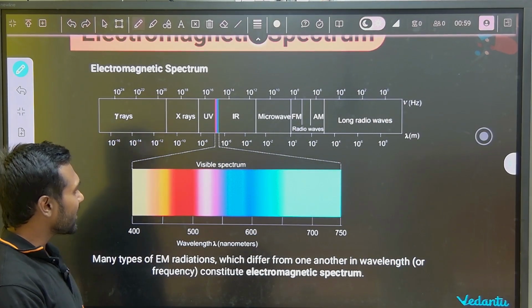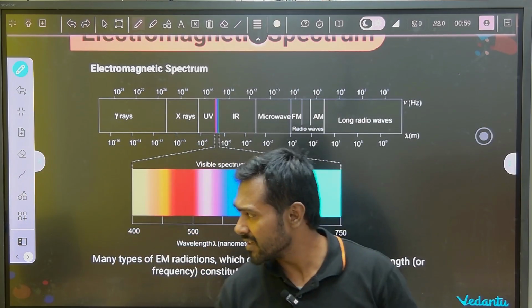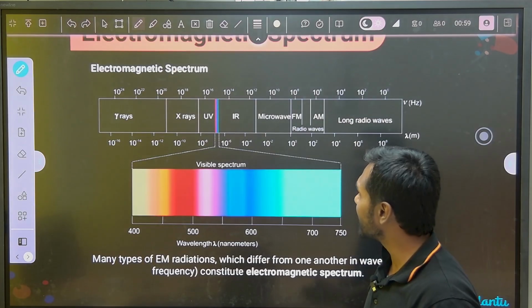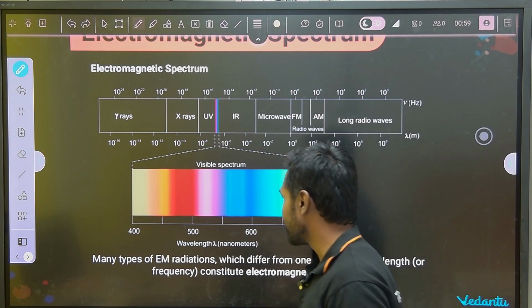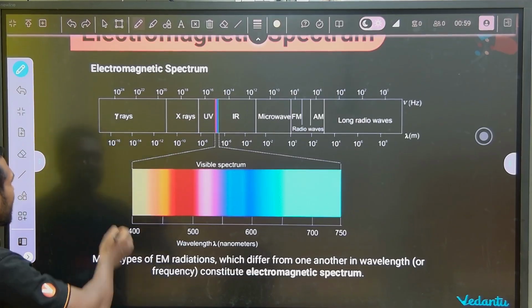So this is the electromagnetic spectrum. It starts from cosmic rays. You can see here the electromagnetic spectrum. They didn't mention the cosmic rays, but the highly energetic ones are the cosmic rays here.